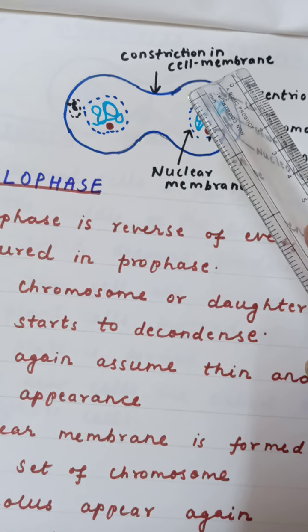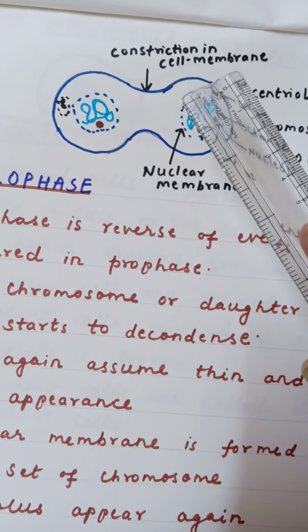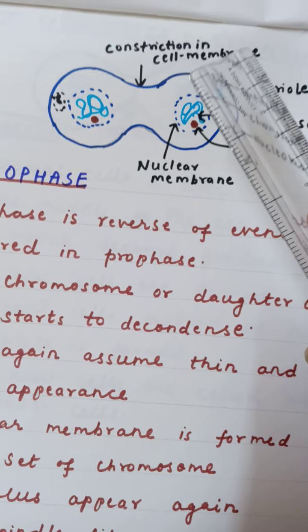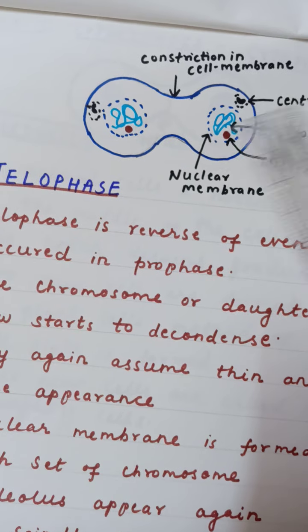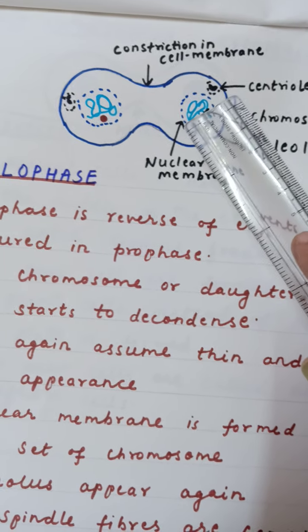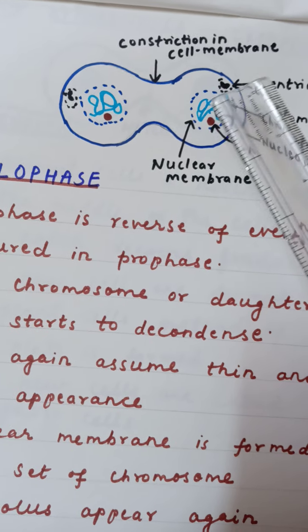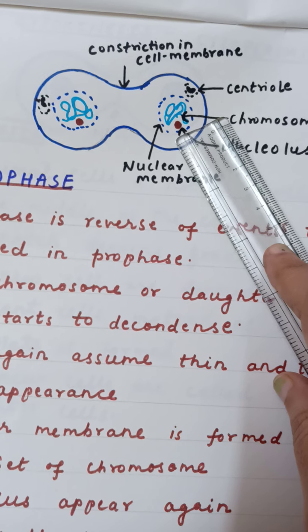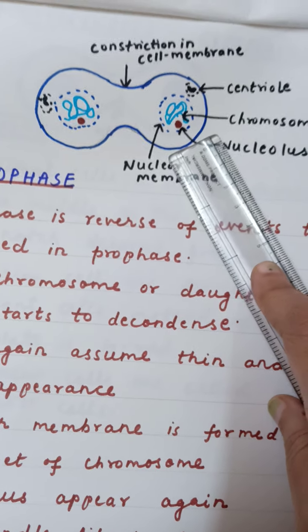In prophase, condensation of chromatin started and the chromosomes became thick and appeared to us. But now in telophase, the reverse will happen. These thick chromosomes will decondense and become thin. So again they become thread-like and are now invisible to us.